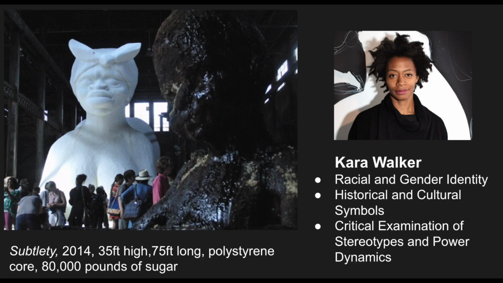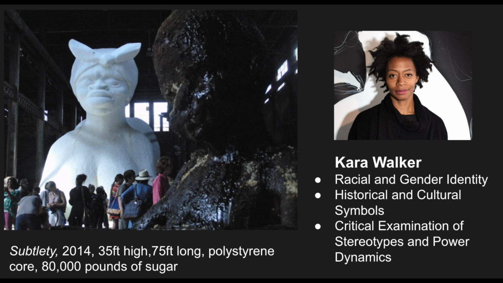The first artist I wanted to explore is Kara Walker, and she's one of my favorites. She created this work called Subtlety with 80,000 pounds of sugar because back in the day when Black people were enslaved, they were working on sugar plantations, and subtlety is something like, only the rich could afford sugar at that time.